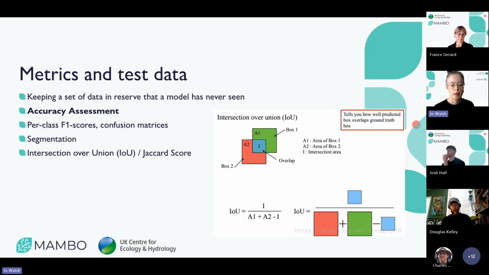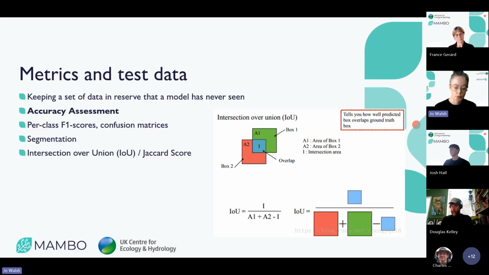So there are a whole set of metrics you can get, and we saw in that overview from C's group a whole set of metrics relating the volume of false positives to false negatives, a headline measure called accuracy, which typically for this kind of problem isn't the one to look at.